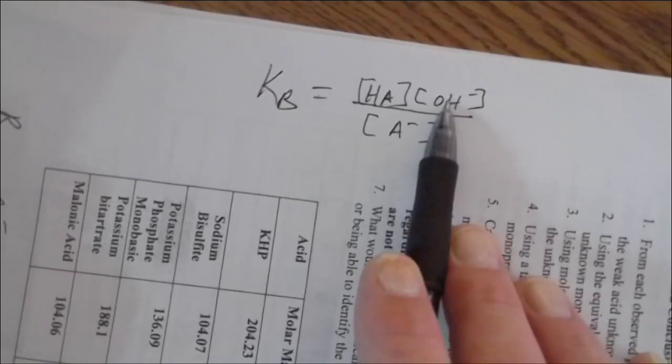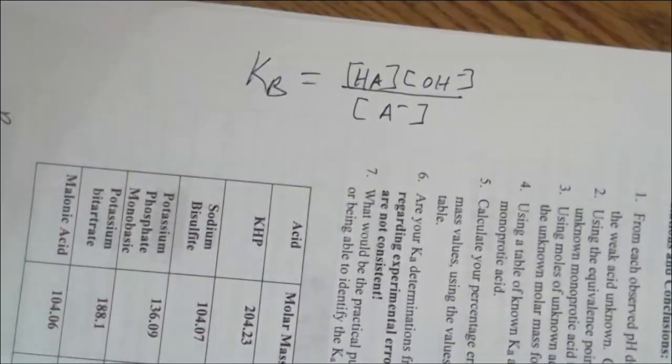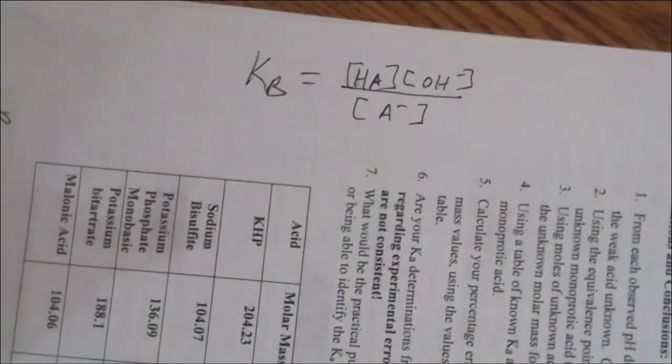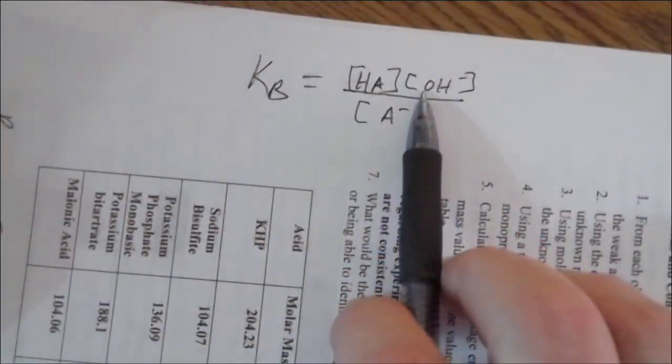Now, in reality, since we know the pH at equivalence, keep with me here. Since we know the pH at the equivalence point, which one of these can we get? We can get the OH minus, right?